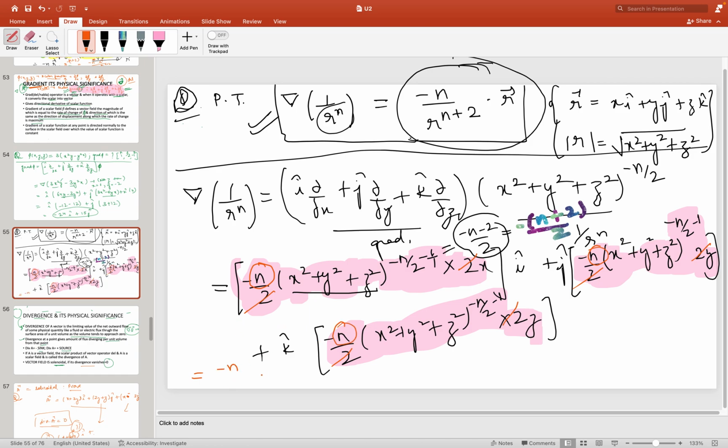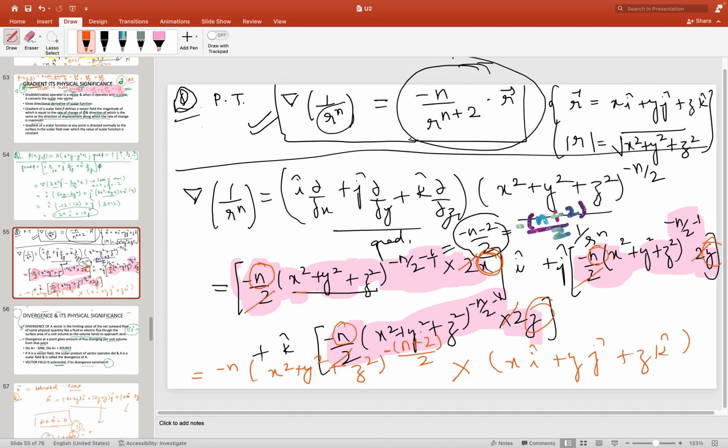Now within the brackets I have x square plus y square plus z square, common again, with the power minus n plus 2 upon 2. So I can take this also outside, right? (x square plus y square plus z square) to the power minus n plus 2 upon 2, then multiplied by the whole equation. What is left here? x i cap, y j cap and z k cap. So I can simply write x i cap plus y j cap plus z k cap.